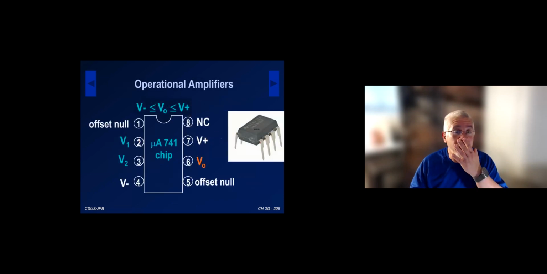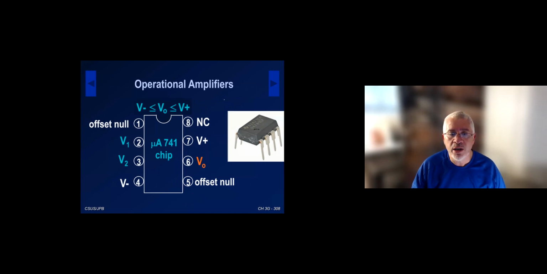So let me show you what the op-amp looks like in real life. On the right, you're seeing the old 747 chip, and these are the descriptions of the pins. Pins 1, 5, and 8 are of no consequence. Basically, you can ignore them.